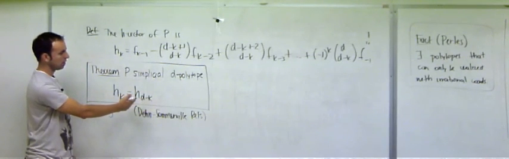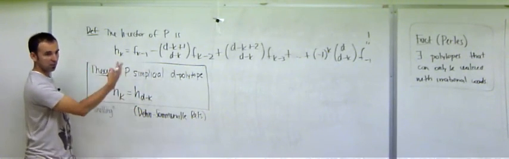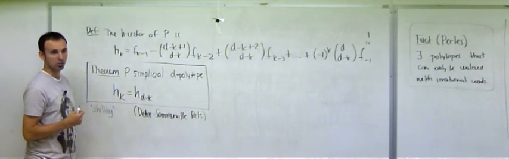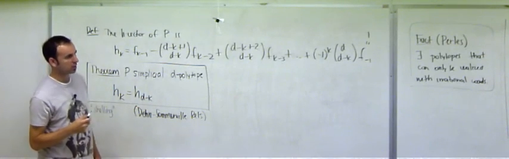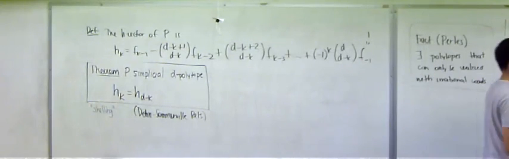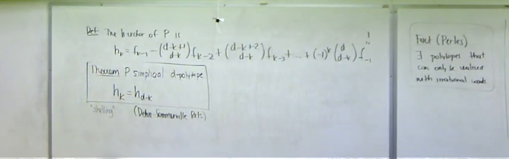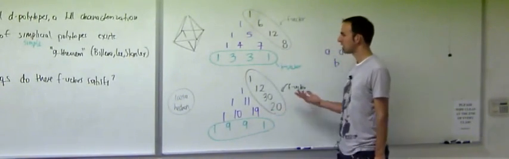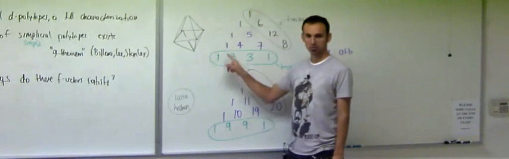So the F vector satisfies d over 2 linear equalities, which I think is very surprising, and especially when you write it like this, it's very clean. So, for example, given a three-dimensional polytope, if I tell you that it's simplicial, then what information do you need to know the h vector, to know the f vector? You don't really need to know anything except for this first number, right?